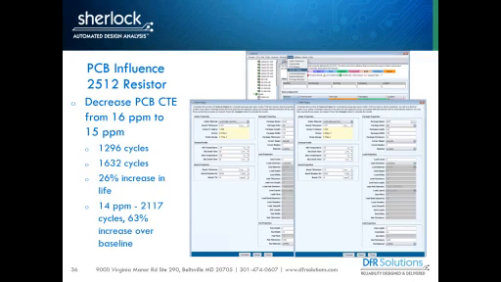I have to see if two 1206s can actually handle the same power as a 2512. But that may be necessary because in order to get a 2512 to work in this design, I have to go to a much more expensive laminate that has a very low CTE. That's probably the main thing. And I have to increase my bond pads. I may not have the real estate around these parts to make the bond pads much larger.